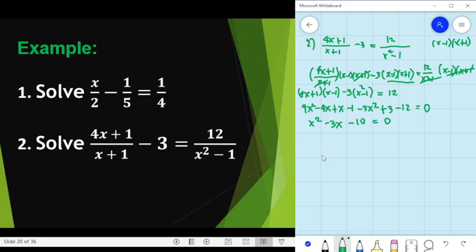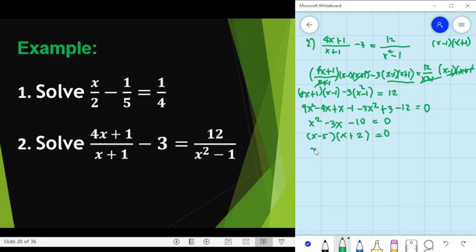So factoring this one, it would be finding factors of negative 10 whose sum is equal to negative 3. So it is negative 5 and positive 2. So we factor out x squared as x and x, and negative 10 as negative 5 and positive 2, equals 0.